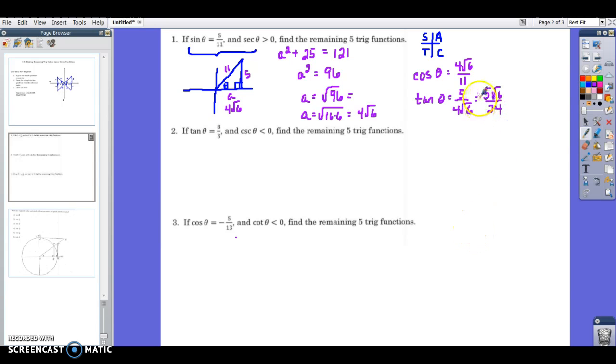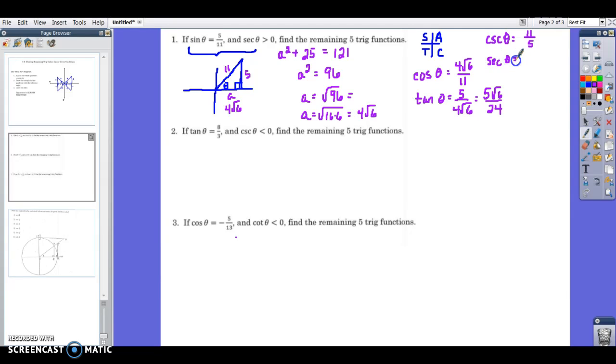When we simplify, right, multiply the top and the bottom by root 6. All right, I'm just going to squeeze it in up here because I want to make sure I have room for my other problems there. Let's do cosecant, secant, then cotangent. Cosecant of theta is just going to flip sine. So if sine was 5 over 11, cosecant will be 11/5.